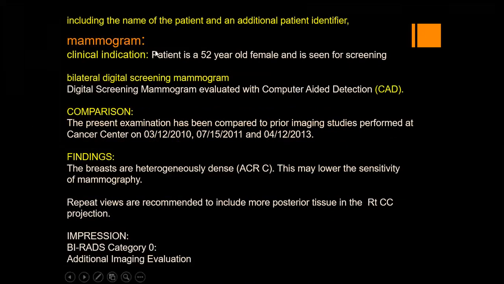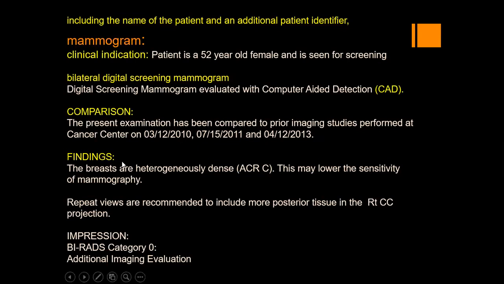First of all, the report should include the name of the patient and additional patient identifiers. Then clinical indications. Patient is a 52-year-old female and is seen for screening by bilateral digital screening mammography, using computer-aided detection, for example, comparison with studies performed at date 1, 2, 3.